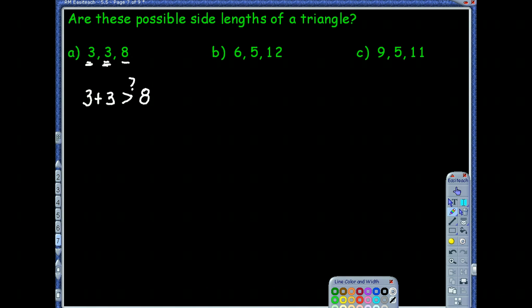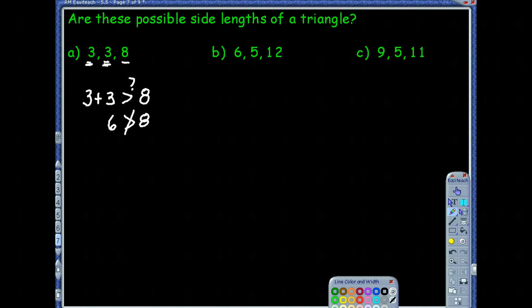Well, 3 plus 3 is 9. Careful. 3 plus 3 is 6, and that is definitely not greater than 8. I was thinking you were going to say 3 times 3 or 9, and that would have worked. So not the product. That is such a common mistake. And so 6 is obviously not greater than 8.